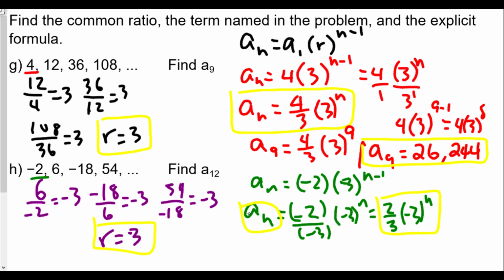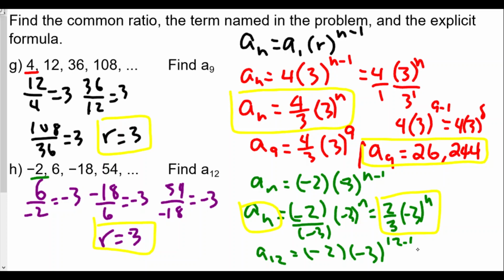Now to find the 12th term, again, you could do a12 equals -2 times -3 to the 12 minus 1 power, which is -3 to the 11th power.